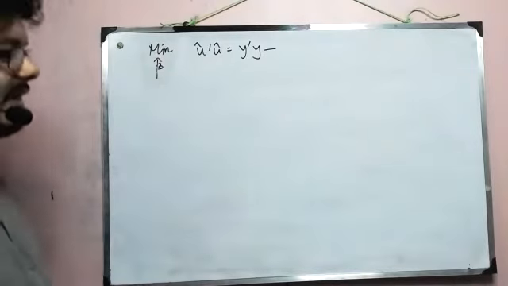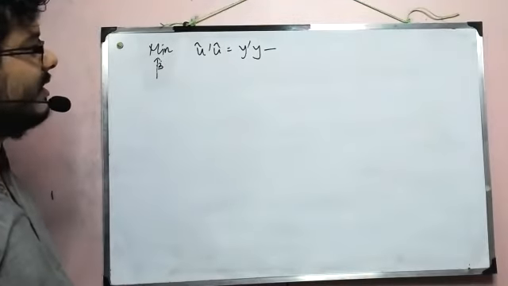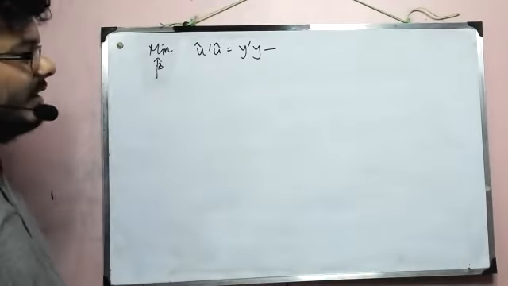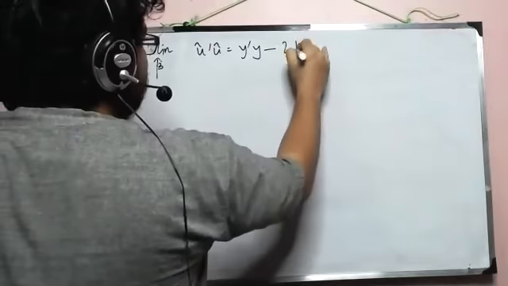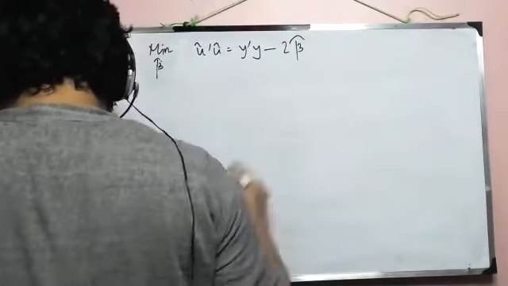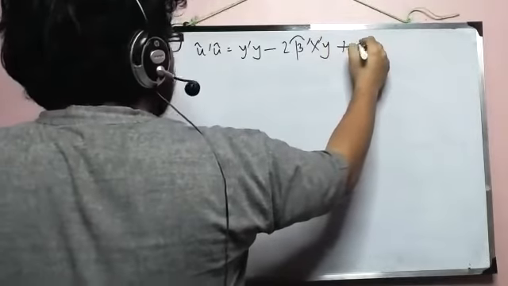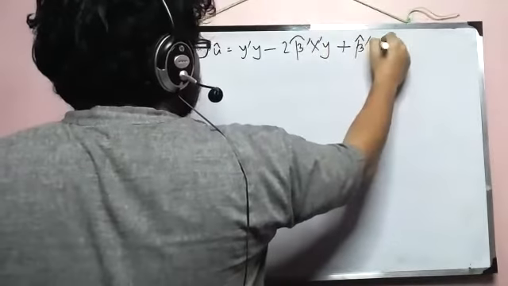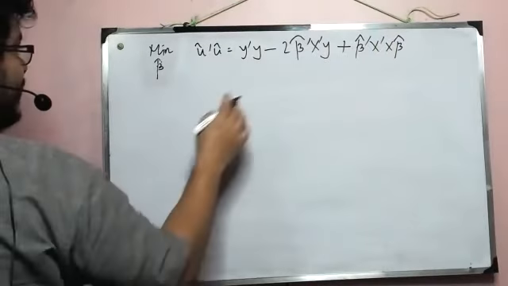It doesn't make any sense. It's huge, it's space taking, and it's not elegant at all. So minus 2 into beta hat dash x dash y plus beta hat dash x beta hat. Okay, so now our job is to minimize this.